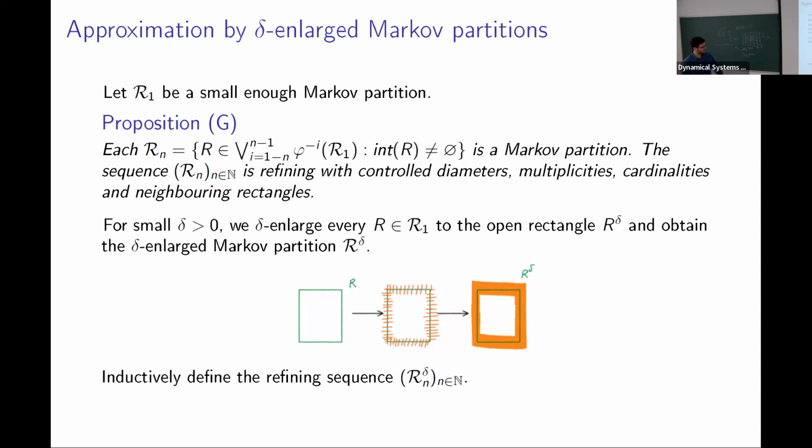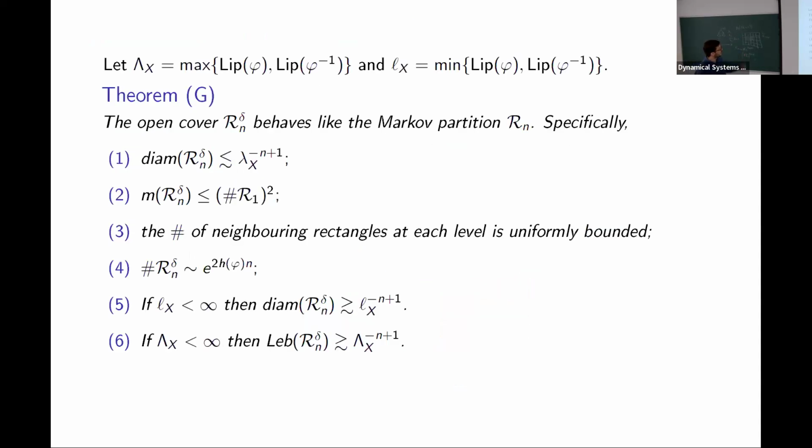And if you have this, assuming that you do this enlargement in a controlled way so that you retain these neighboring rectangles and everything else, you would be able to do this interpolation. And indeed, this is the case. You create open covers R_n delta that behave like Markov partitions, and a refining sequence, so as n goes to infinity, the diameters converge exponentially.